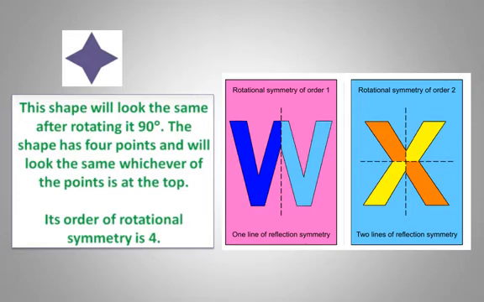So it has order 2 rotational symmetry. Some of the alphabets have 0 lines of symmetry and 1 rotational symmetry, since we already said that all shapes have at least order 1 rotational symmetry.